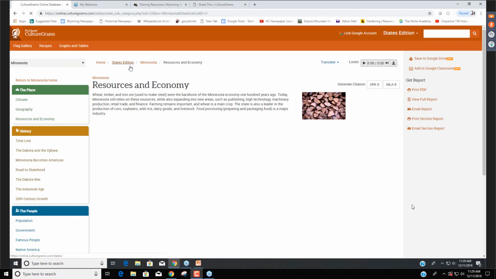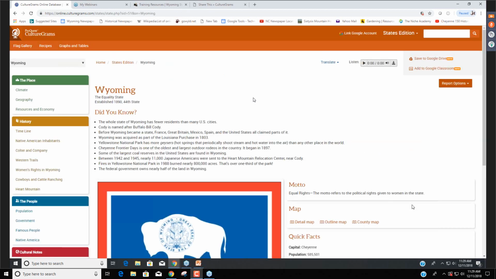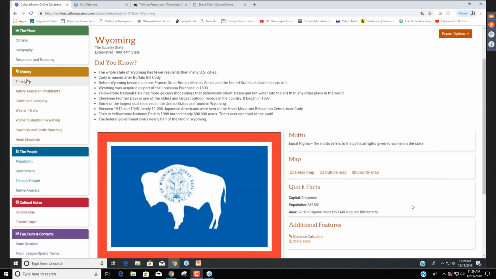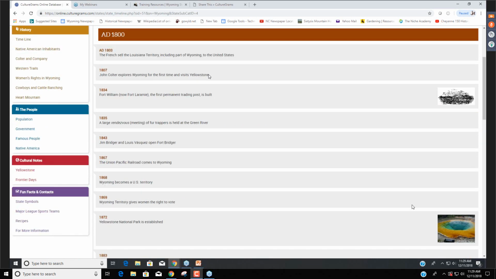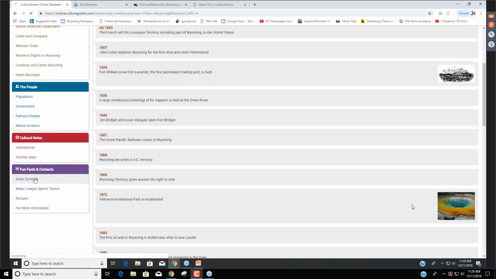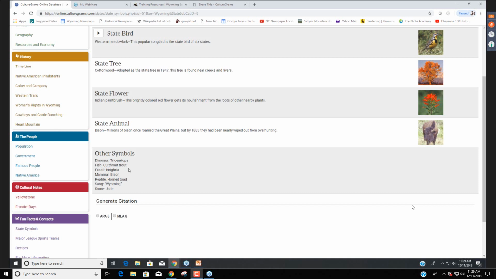I'm going to go back to States Edition, and let's just pick Wyoming. You'll see that there's, again, the timeline for Wyoming and state symbols. So Wyoming, it has a state fossil.